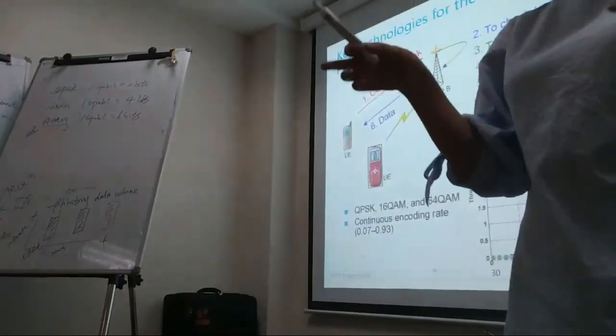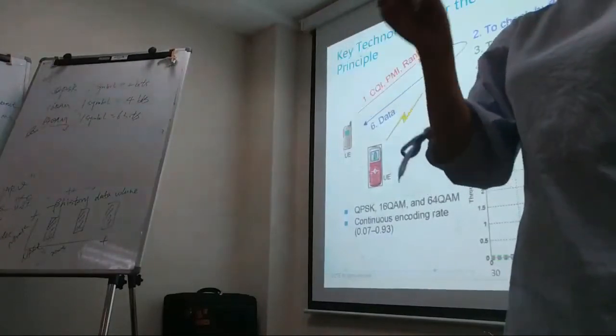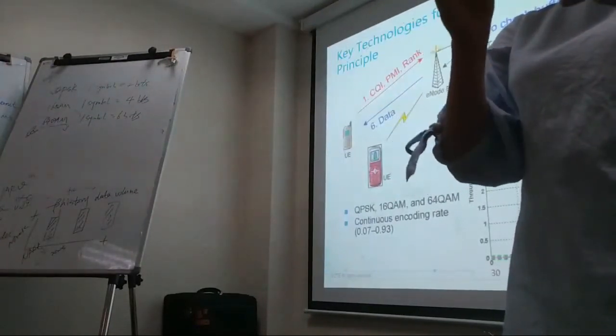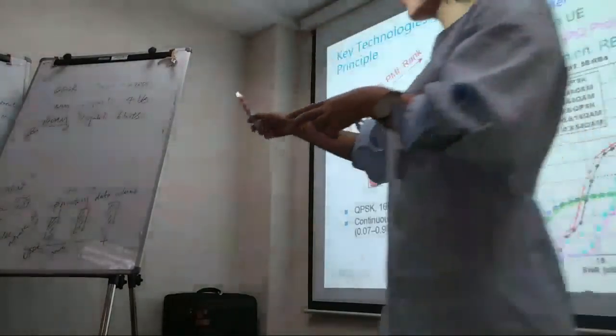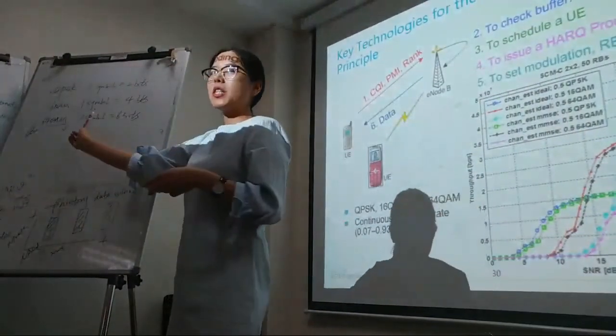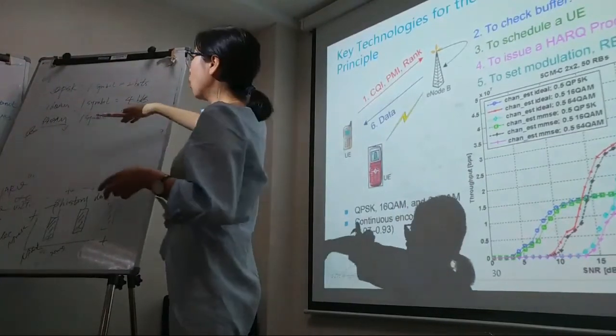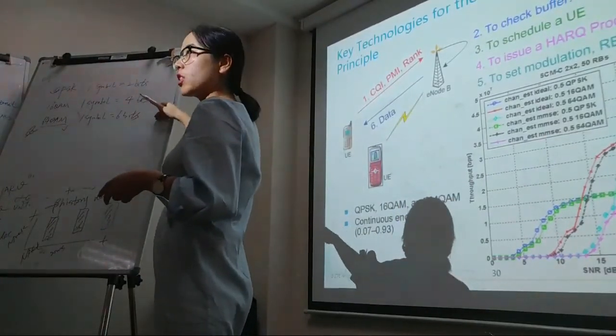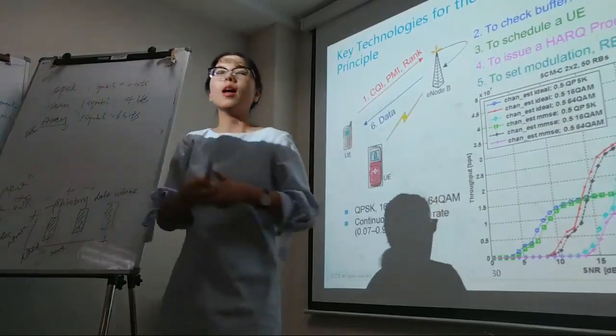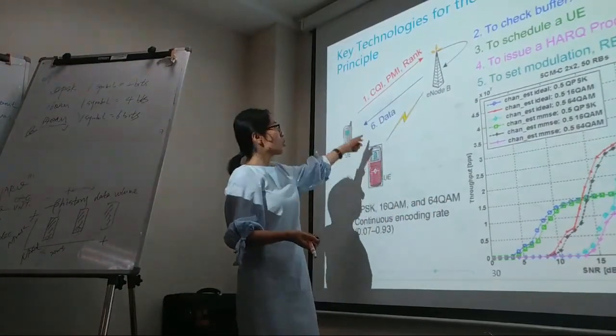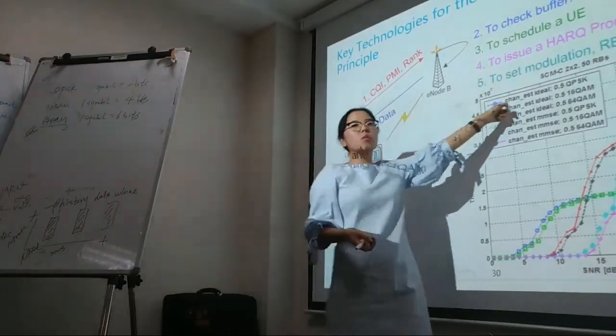If the channel quality is bad, maybe there is some noise or interference, it cannot decode it. So it may generate a high error rate. So we cannot fix the modulation. We must set the modulation according to the CQI.